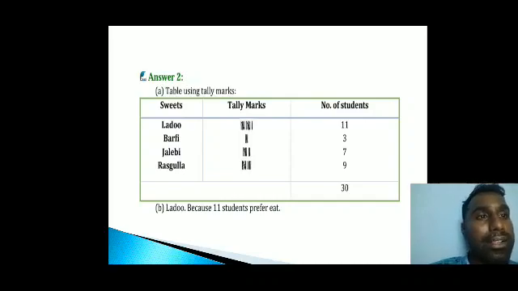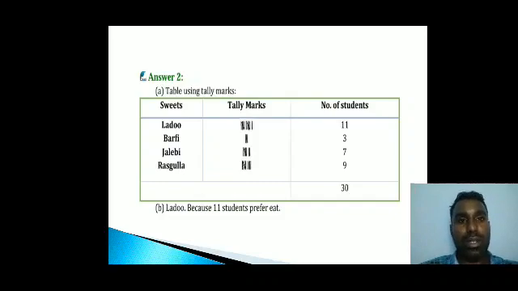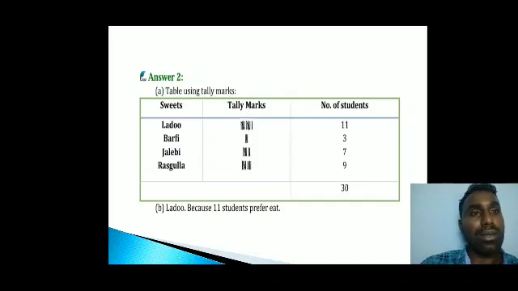Next 7: 1, 2, 3, 4, 5, that is a cross line, and then 1 and 2. Next is rasgulla, 9: 1, 2, 3, 4, 5 and then 1, 2, 3, 4, so 5 plus 4 is 9. If you add all these, you will get the total number of students, that is 30.